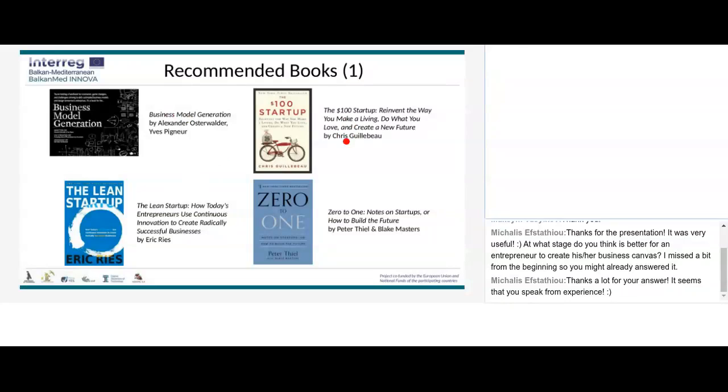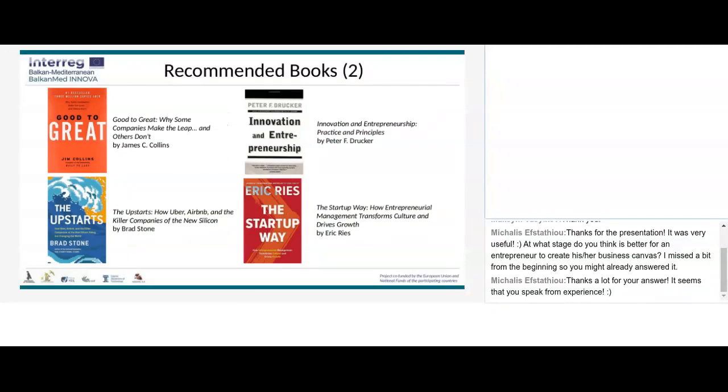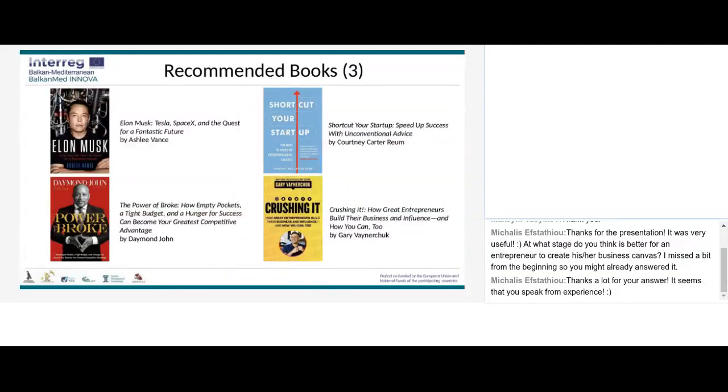The $100 Startup by Chris Guillebeau, The Lean Startup by Eric Ries, Zero to One by Peter Thiel, Good to Great by James Collins, Innovation and Entrepreneurship by Peter Drucker, The Upstarts by Brad Stone, The Startup Way, again by Eric Ries.